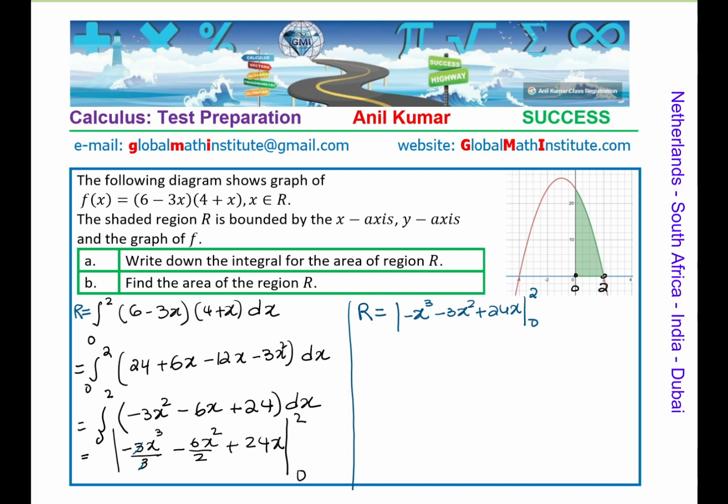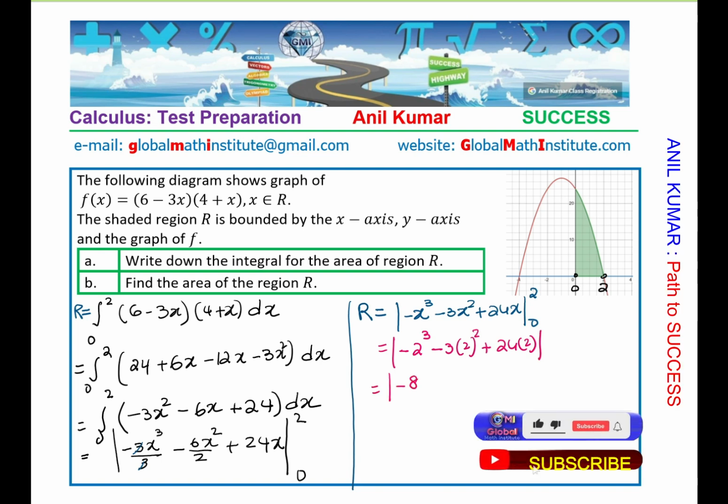So what we're looking at is substituting 2 here. So minus 2 cubed minus 3 times 2 squared plus 24 times 2, in absolute value. So we got minus 8. Here we have 4 times 3, which is 12, minus, and this is 48.